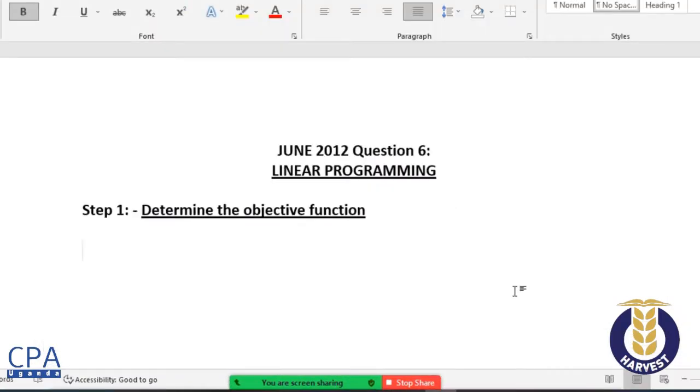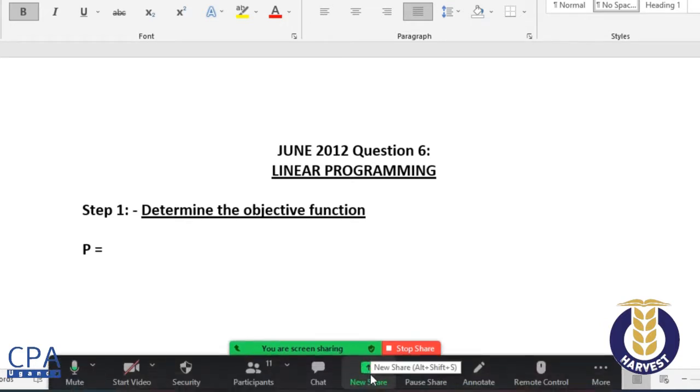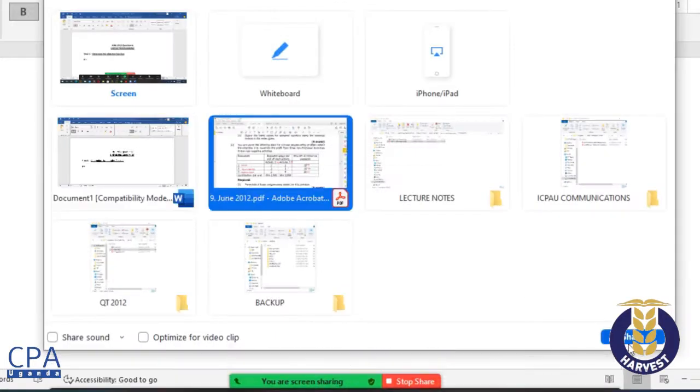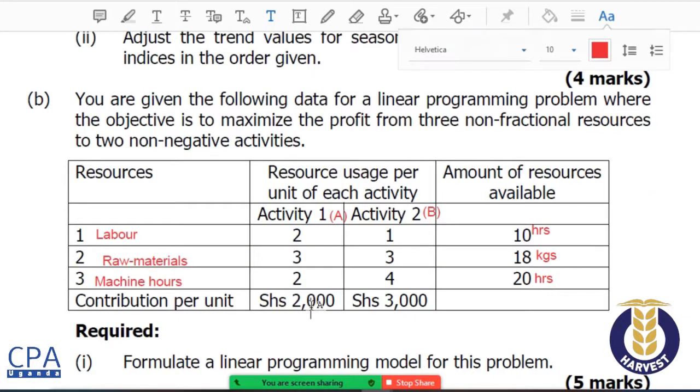So the profit, that is the P. I will say P is equal to activity 1 gives us a profit of 2,000, and activity 2 gives us a profit of 3,000.